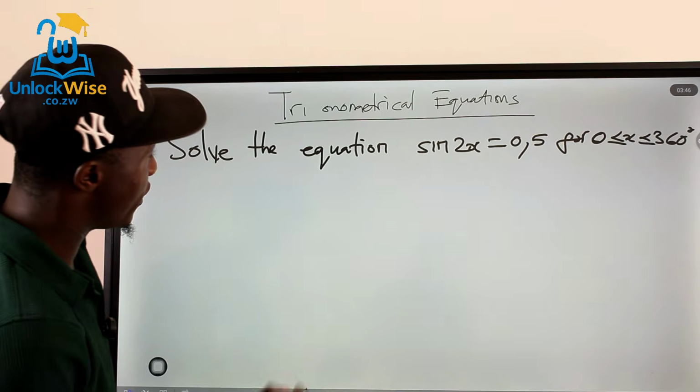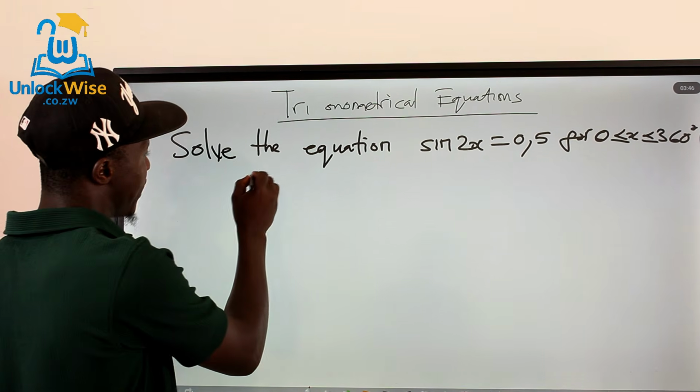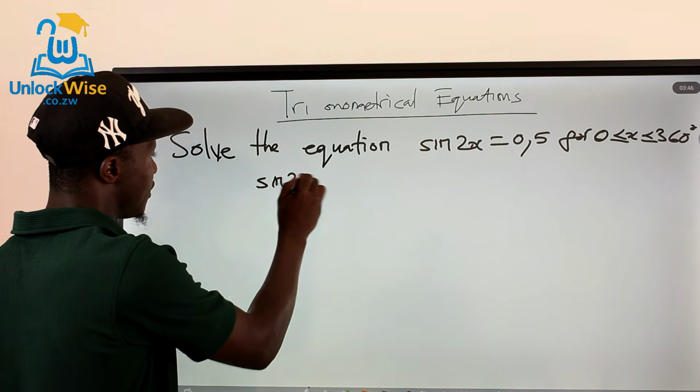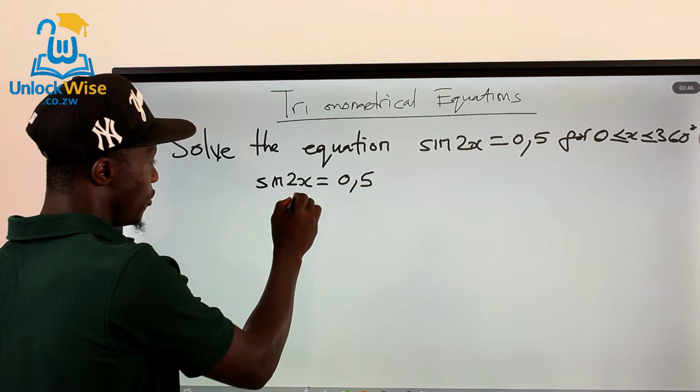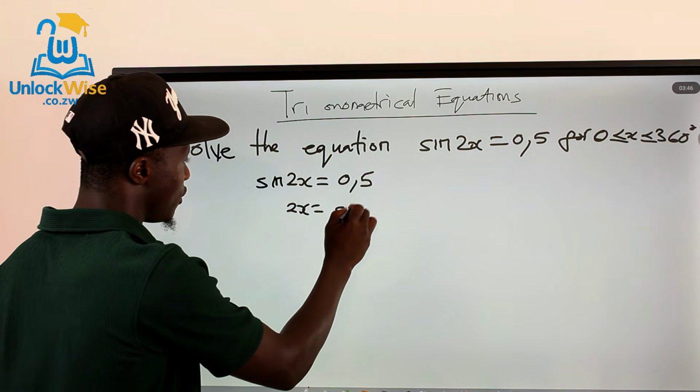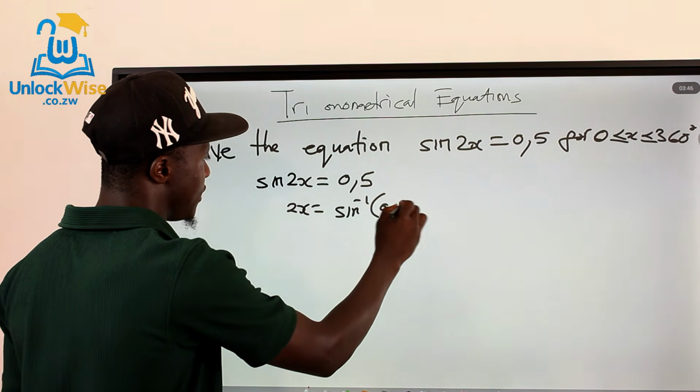So rule number 1, let's rewrite the question once again. Sine 2x is equal to 0,5. So 2x is equal to arc sine of 0,5.